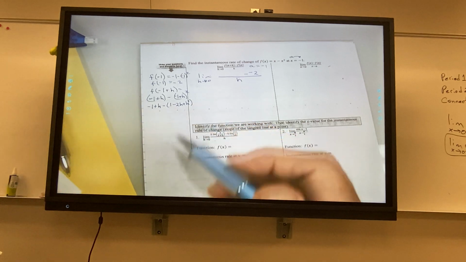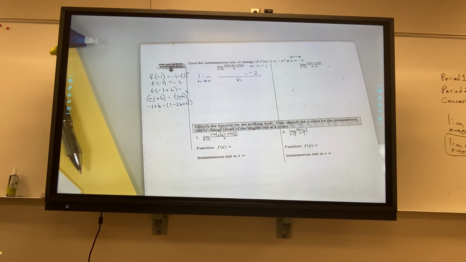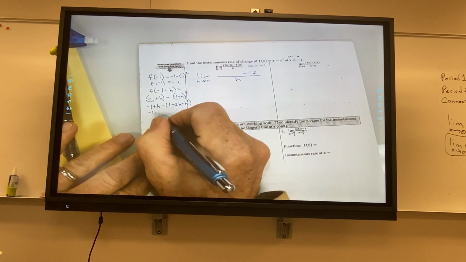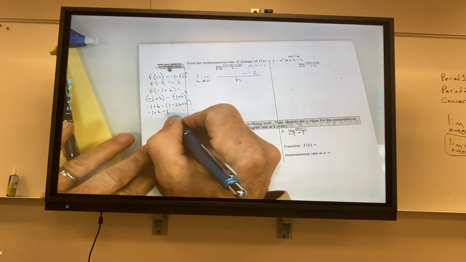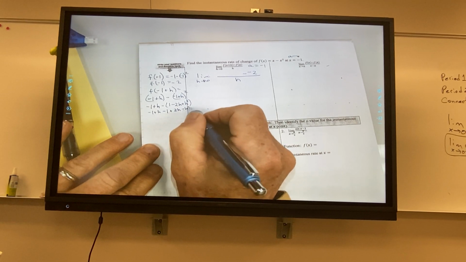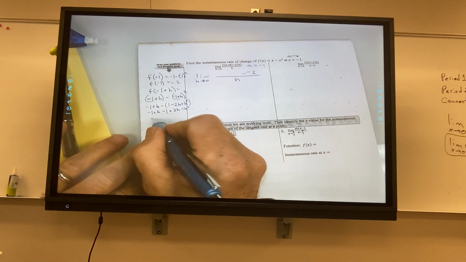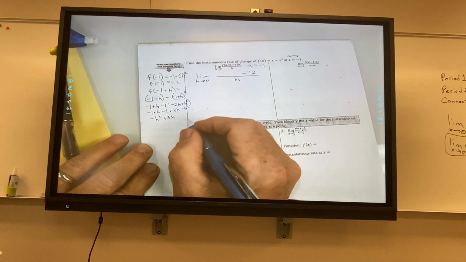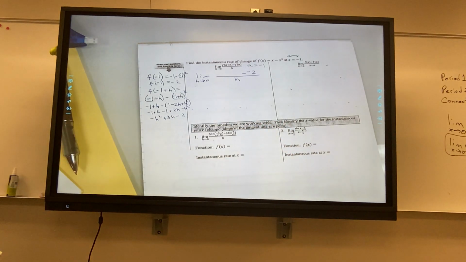Right? You just double the inner and the outer. Okay, I see people nod, like, you know what I'm talking about. Plus h, I'm going to distribute, minus 1 plus 2h minus h squared. And that gives me negative h squared plus 3h minus 2. Would you agree? Yep. Okay? Everybody okay on that?